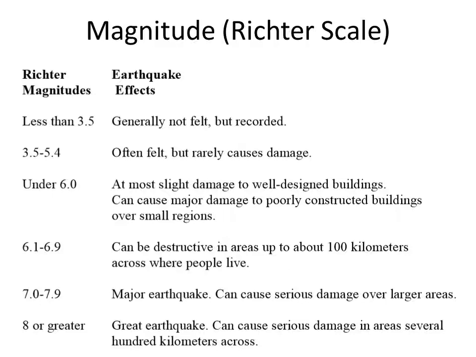Under 6, slight damage to well-designed buildings, but can cause major damage to poorly constructed buildings over small regions. 6.1 to 6.9 can be destructive in areas up to about 100 kilometers across where people live. 7 to 7.9, major earthquakes, can cause serious damage over larger areas. 8 or greater, the great earthquakes, can cause serious damage in areas several hundred kilometers across.